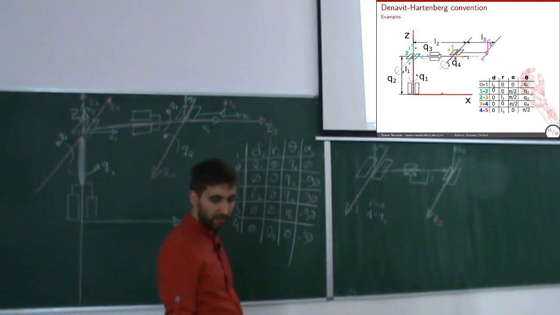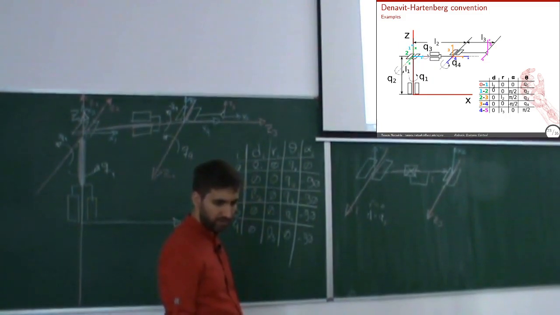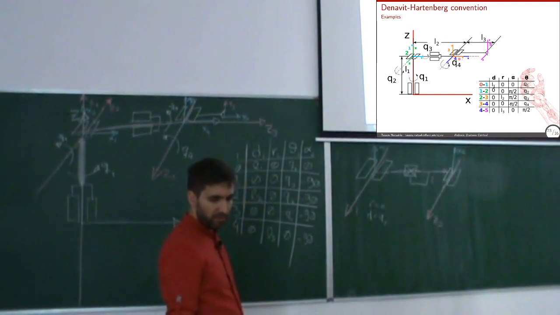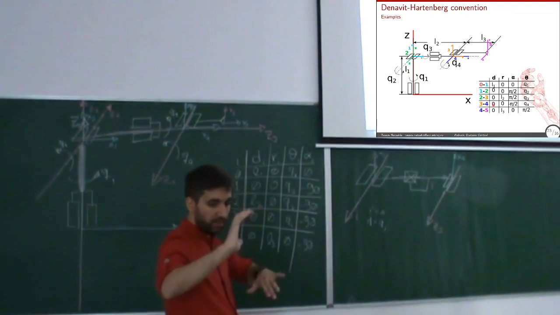The red is the fixed frame, and I use colors. So light blue is the first, green is the second, third is the purple, orange, blue is the fourth one, and the fifth one. And here you see from 0 to 1, from 1 to 2, from 2 to 3, and what are the parameters. And you can see how I put the axes.